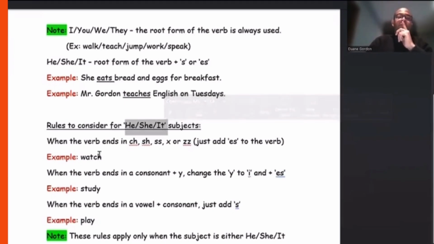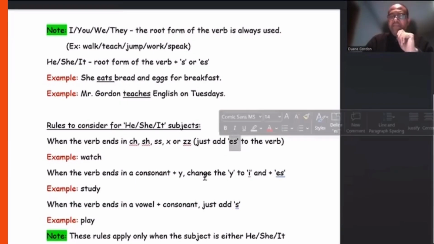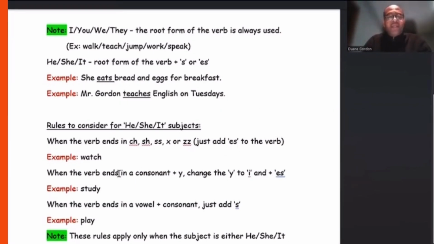When the verb ends in ch, as is the case here with teach, you add es. When the verb ends in ch, sh, ss, x, or zz, just add es to the verb, as is the case with our example here. Mr. Gordon teaches. Teach plus es.